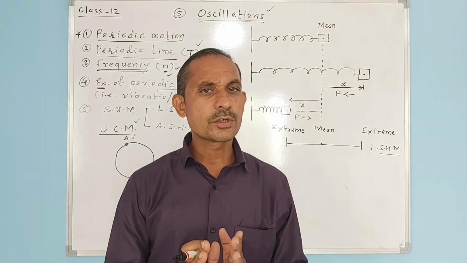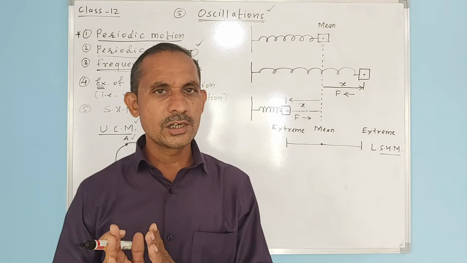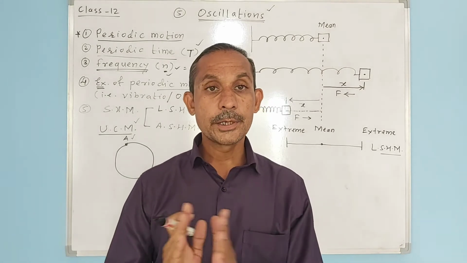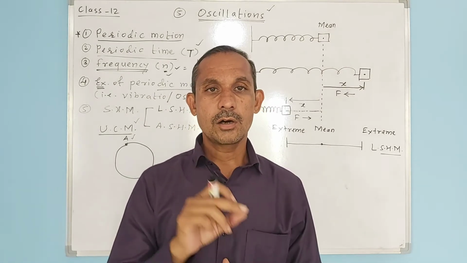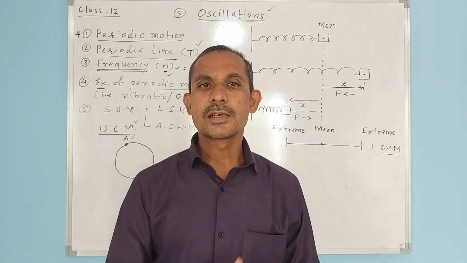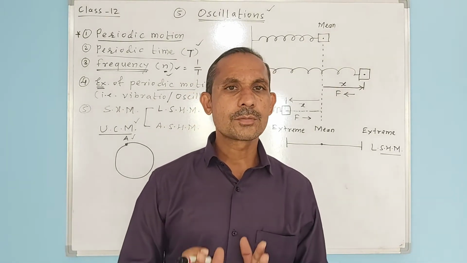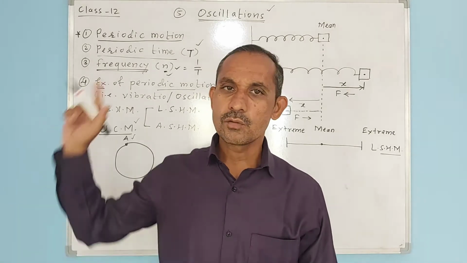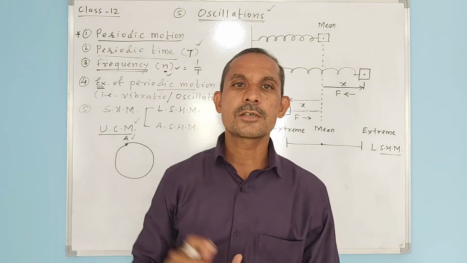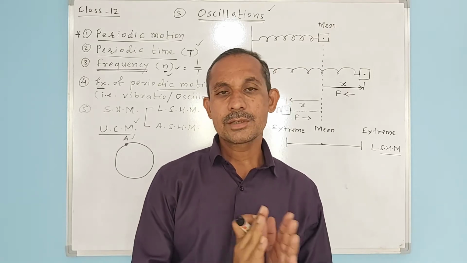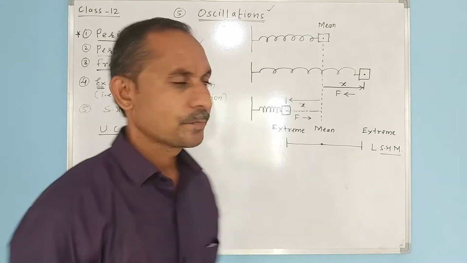So vibratory motion or oscillatory motion, or oscillations, are periodic because this motion repeats itself after a fixed interval of time. Such types of motion are called periodic motion. So vibrations or oscillations are examples of periodic motion.